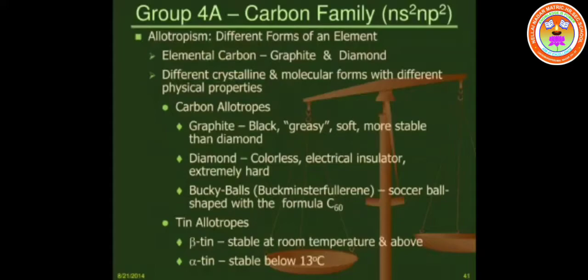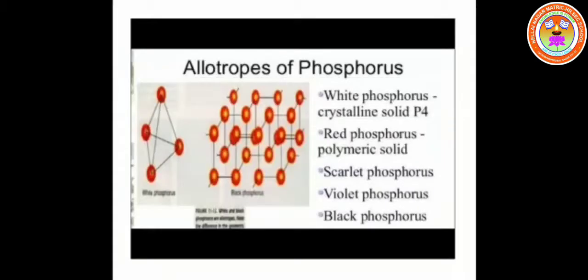Okay, children. Next are the allotropes of the element phosphorus: white phosphorus, red phosphorus, scarlet phosphorus, violet, and black phosphorus. How does phosphorus exist in nature?